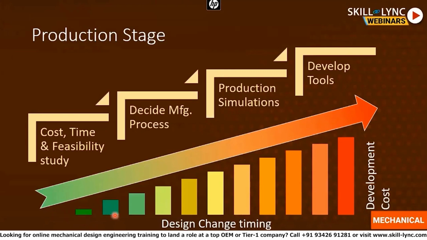If you delay, for example, you design a part here and you find out it doesn't meet the requirement and you want to change the design at this step, the development cost increases from here to here. So this is basically the unwanted cost you are going to spend because you did not highlight this design change requirement at the beginning of the development or production stage.